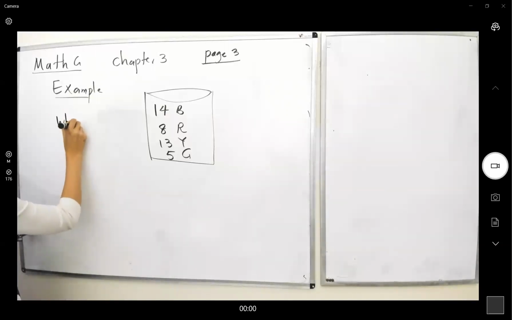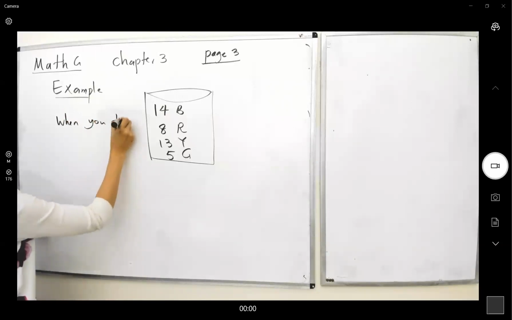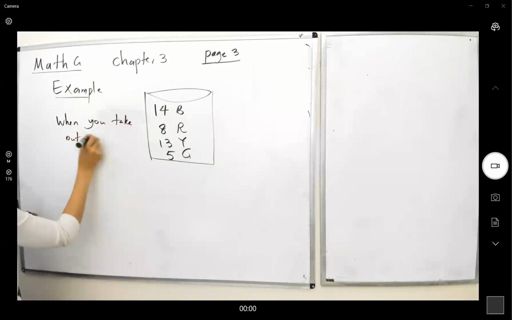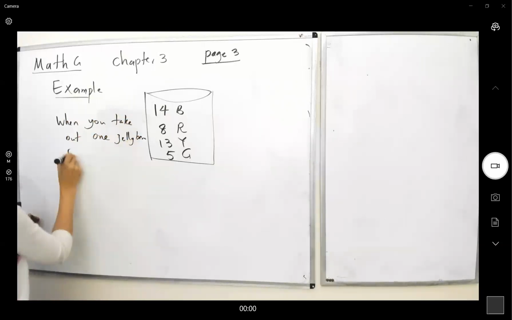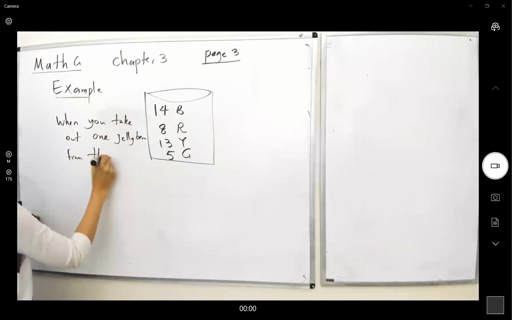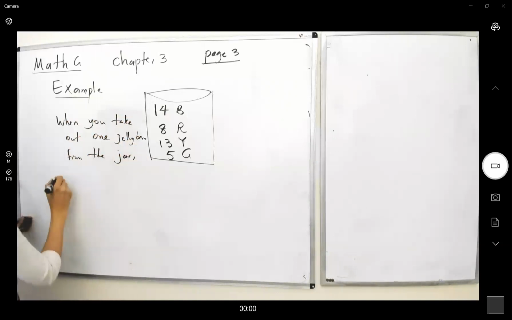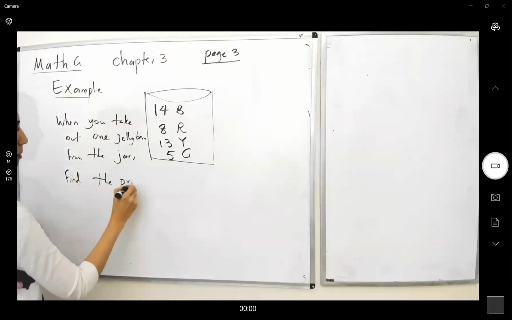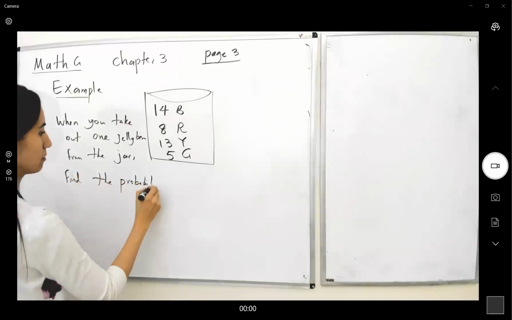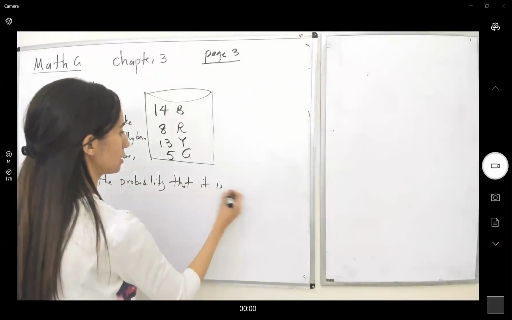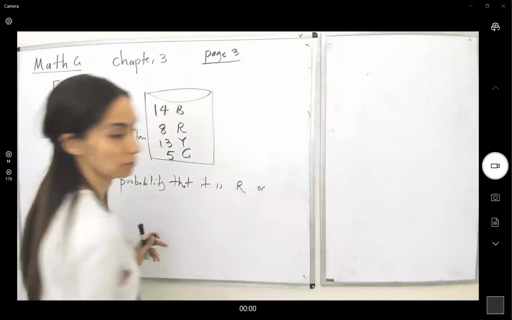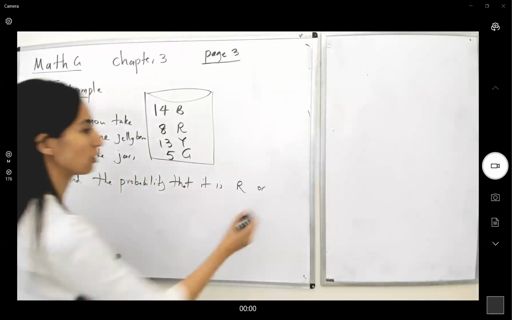So when you take out one jelly bean from the jar, find the probability that it is red or yellow.